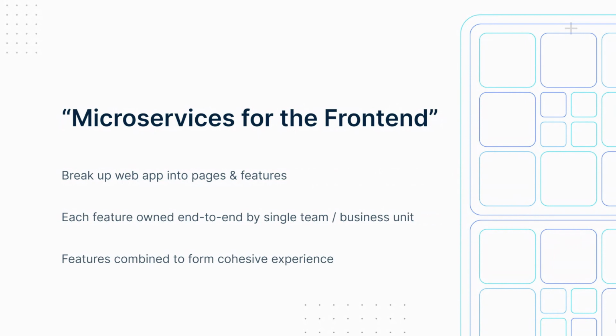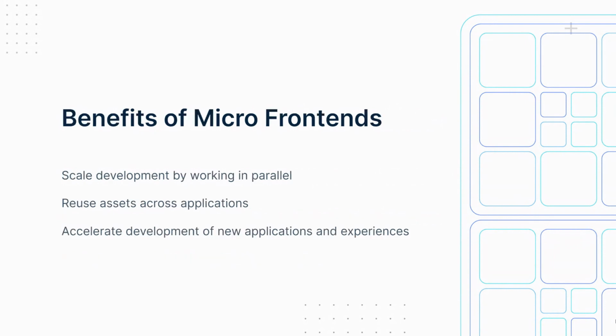So again, you get those same benefits as building for microservices, but for your front end web app, which is, as we know in this space, increasingly becoming more complex to build and work with. And of course, ultimately, your end users see a cohesive experience. It's still one single application that's delivered to them, but it's how we architect it under the scenes, behind the curtain, and combine those features into that cohesive experience where it gets really interesting.